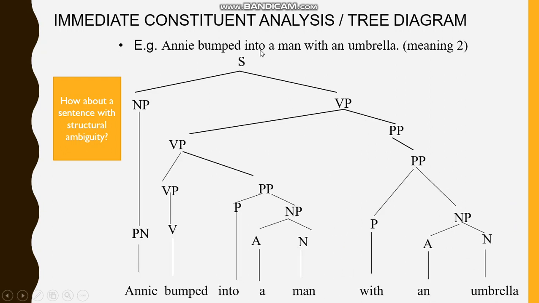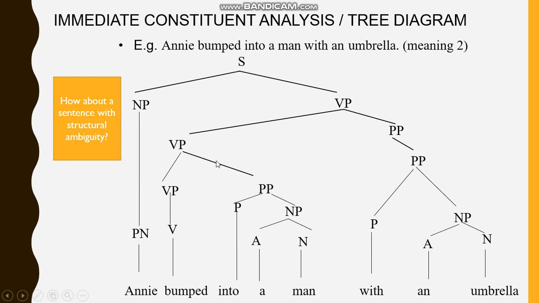How about the second one? Annie bumped into a man with an umbrella means that Annie, with the umbrella, bumped into the man. We have again sentence, noun phrase, verb phrase, and the pronoun here, because Annie is the one who bumped, and the one who brings the umbrella is Annie. What I mean here is that the umbrella is the tool to bump the man.